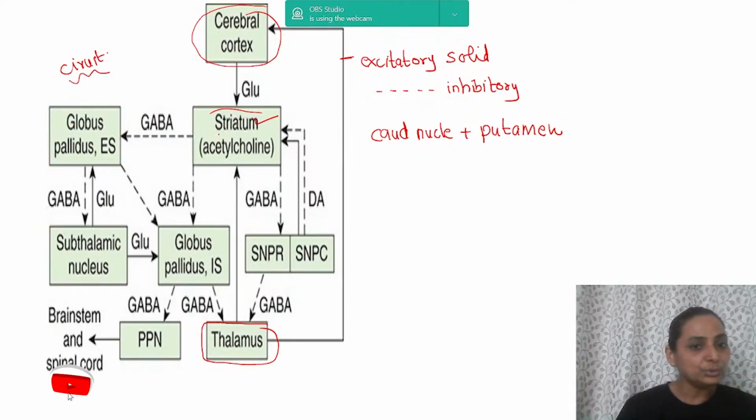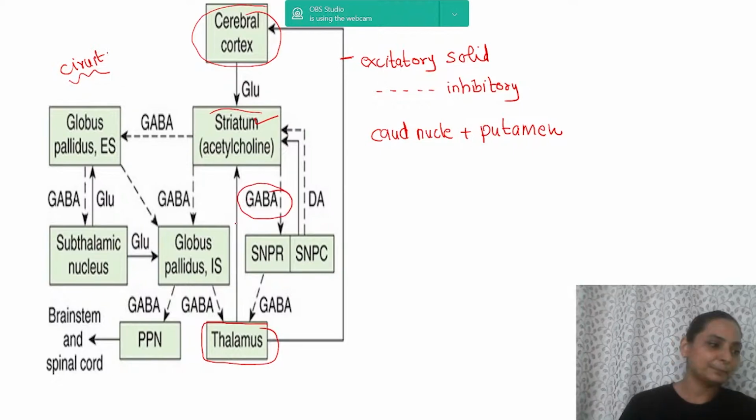You can see that the striatum sends inhibitory inputs to the substantia nigra pars reticularis, because the inhibitory neurotransmitter here is GABA.